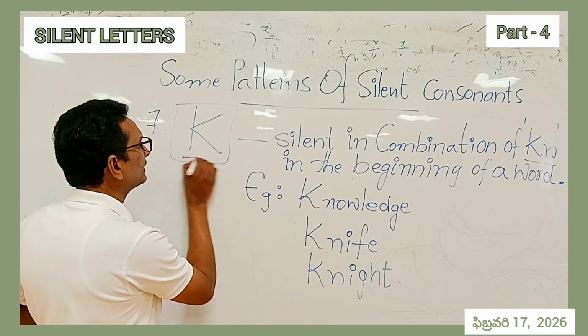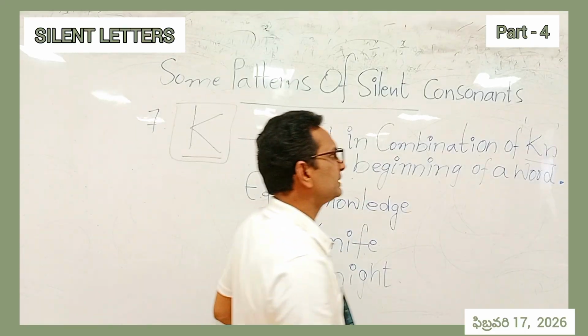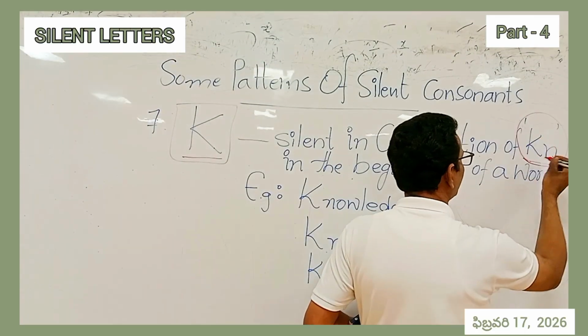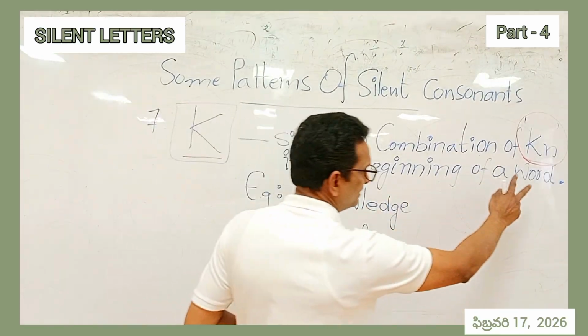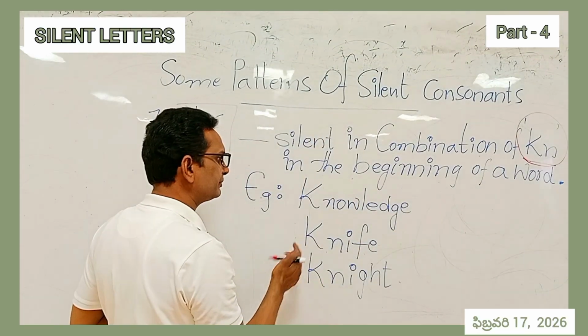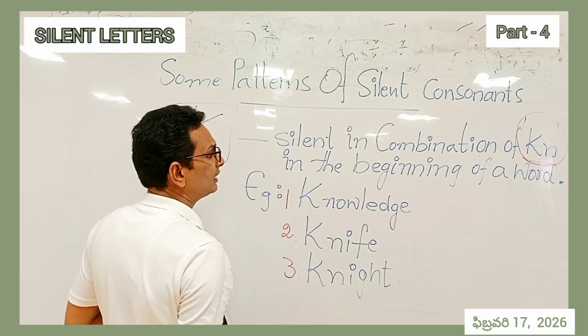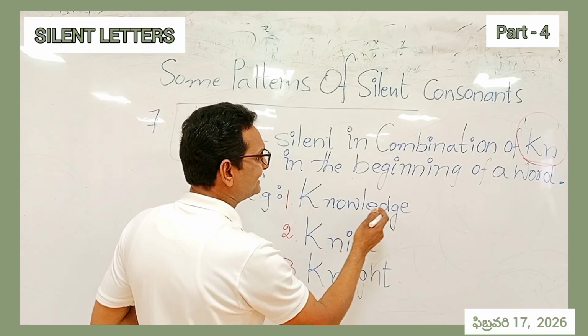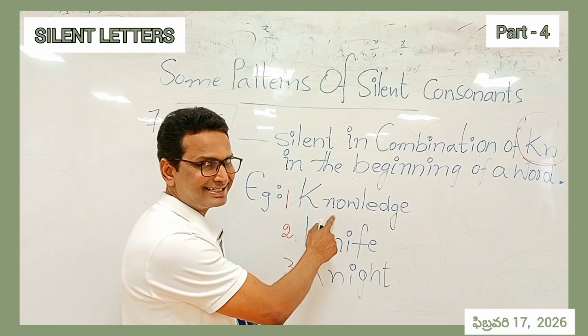It's about K. It is silent in the combination of KN. Please take a look at this. If these two letters come at the beginning of a word, we have been given three examples: 1, 2, 3. KNOWLEDGE, it's not pronounced with the K, that's wrong.